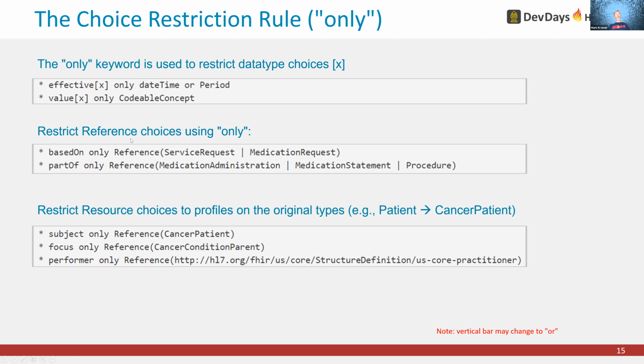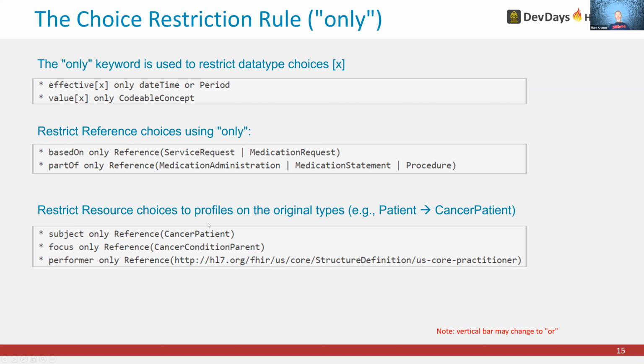And you can also do this for references. You can say basedOn is only a reference to a ServiceRequest or a MedicationRequest. And we've used this vertical bar up to now. In the ballot, we got some comments to make that consistent with the word or. So just be forewarned that this vertical bar may in the future change to the word or.